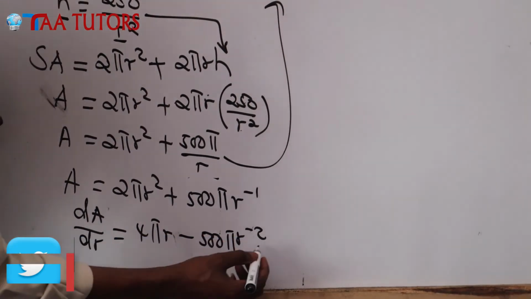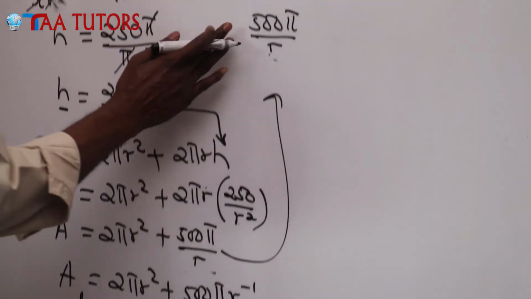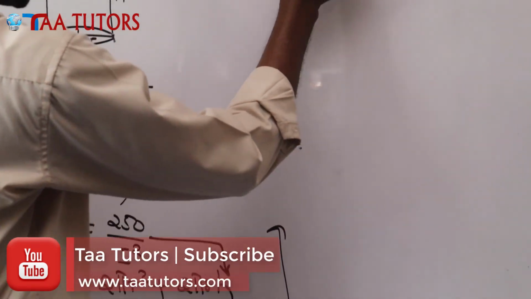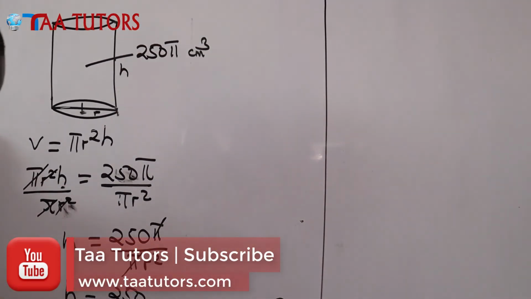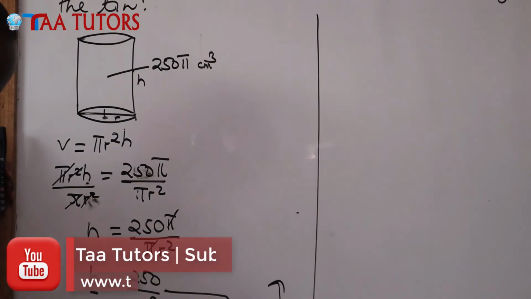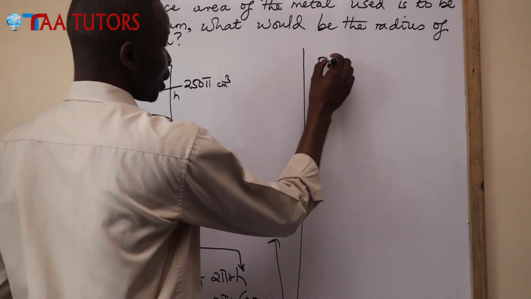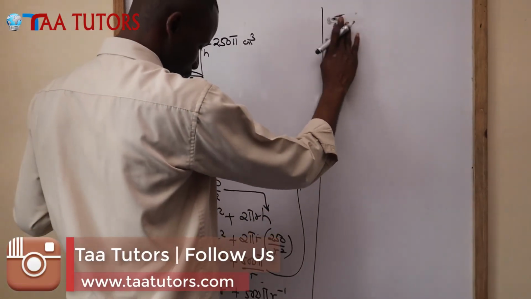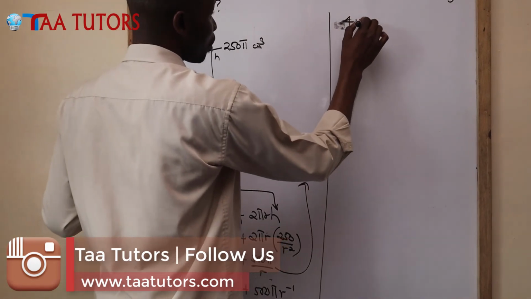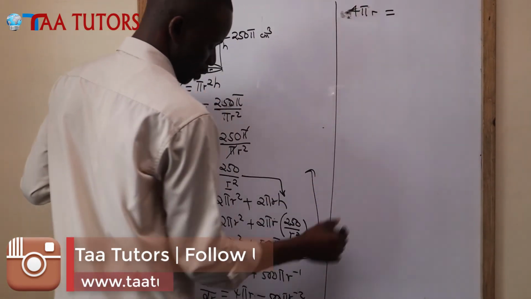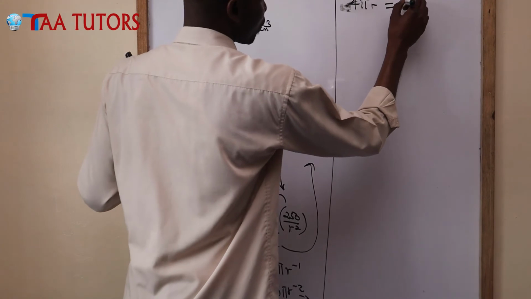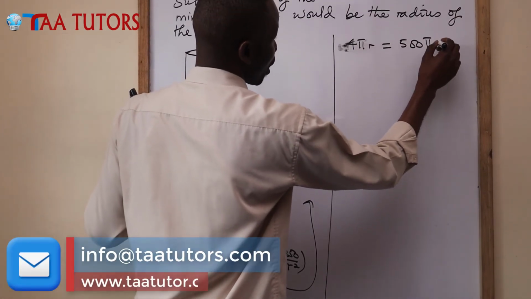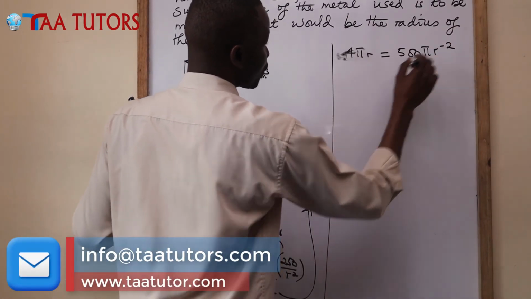We know that this should be equal to 0 at the minimum point. So 4 pi r equals positive 500 pi r to the negative 2.